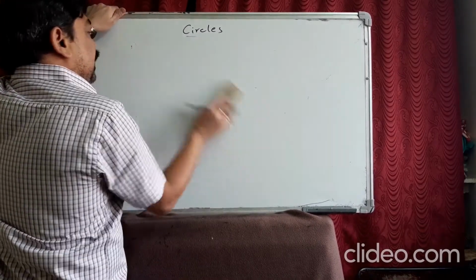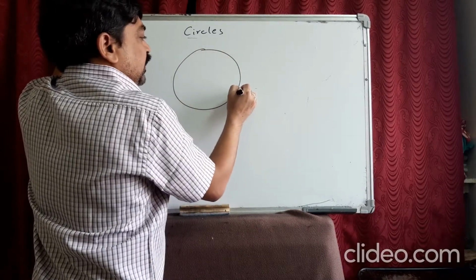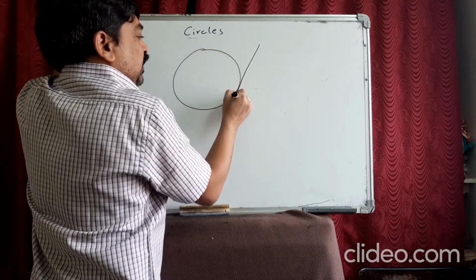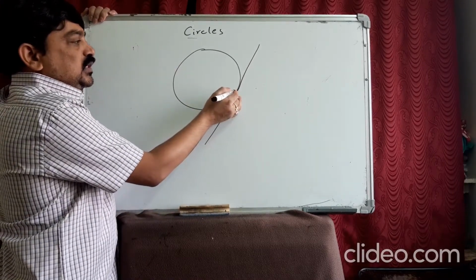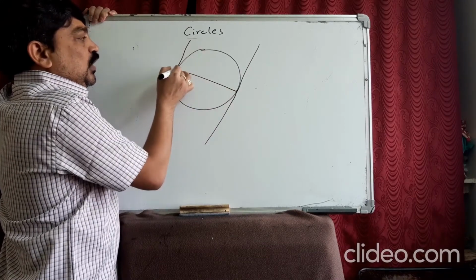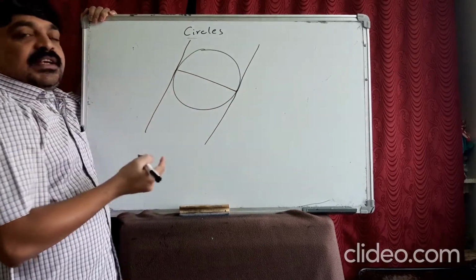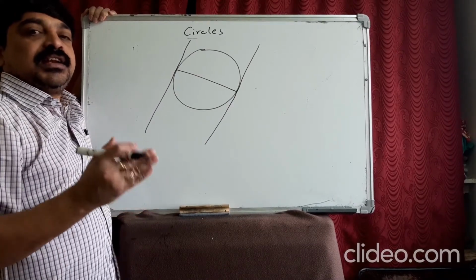I'll explain it. Parallel tangent means suppose I take a point here, and there should be a parallel tangent to this. A parallel tangent will happen only at the diameter. Because other than the diameter, if you take any point, the tangents will not be parallel and they will intersect.